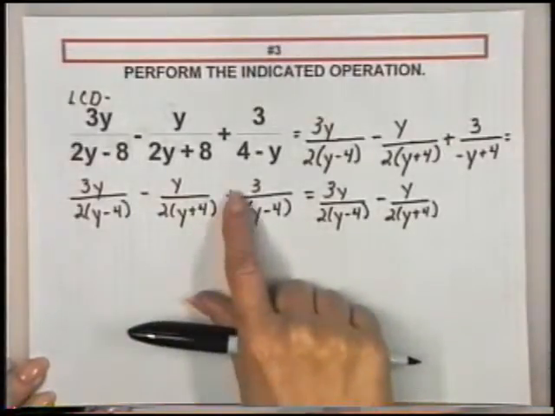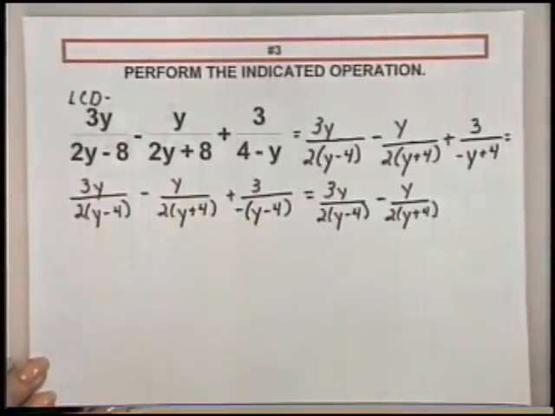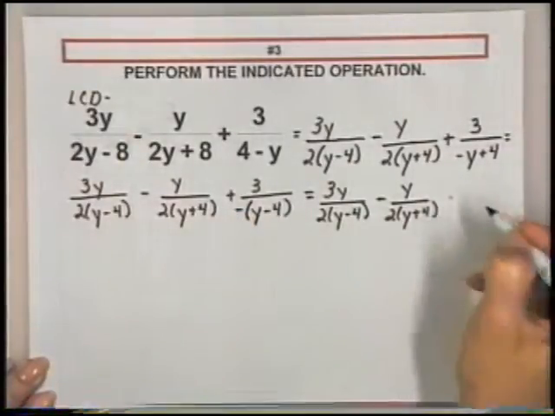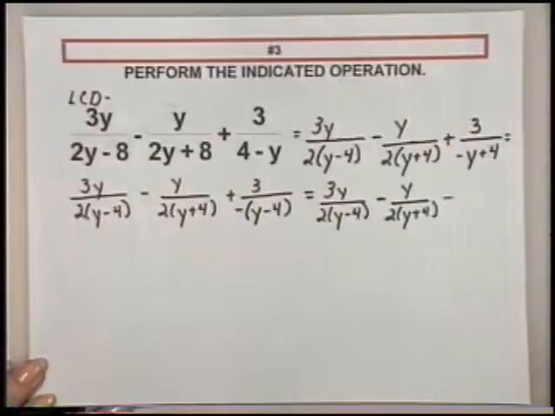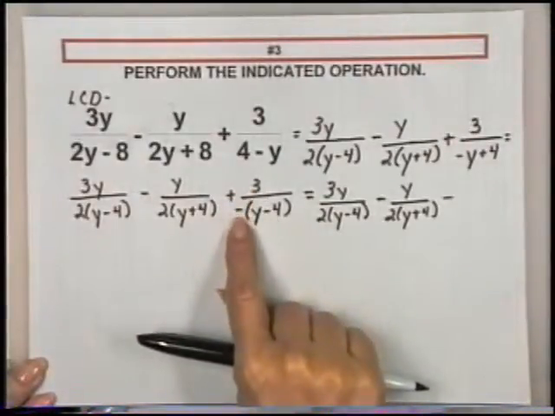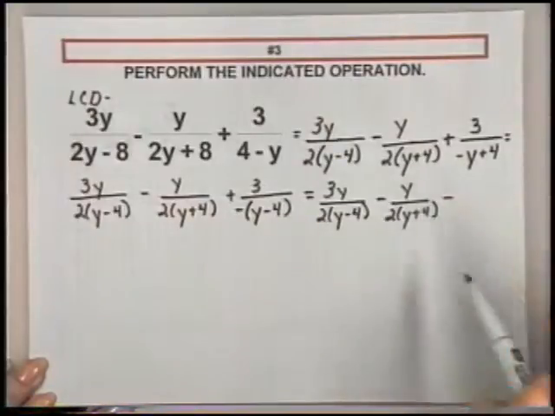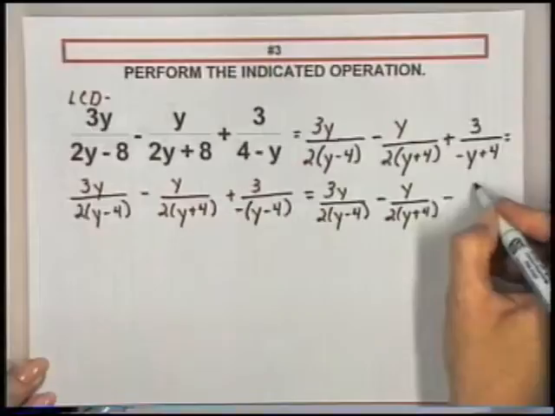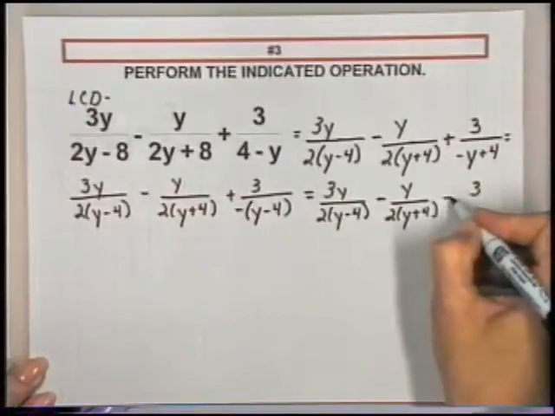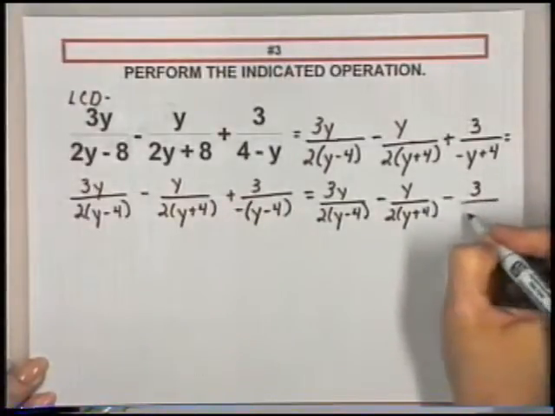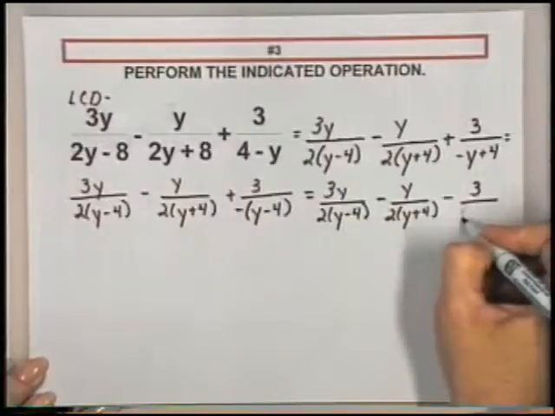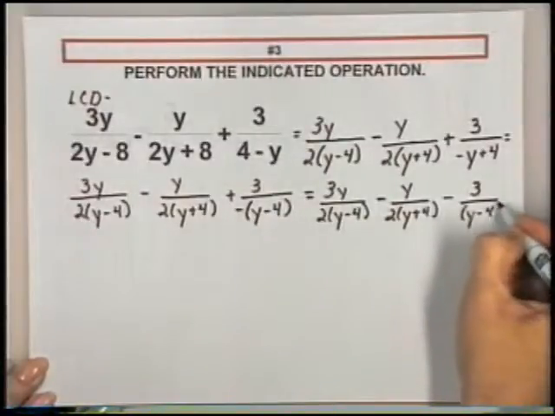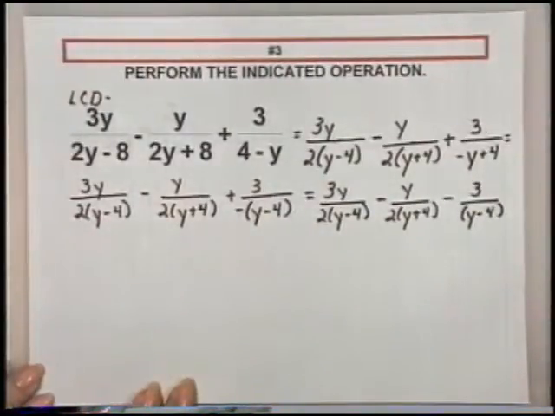Any time that only one of these three signs is negative, that is the equivalent of having a negative out front. Another way to think about it is a positive divided by a negative is a negative. So I may rewrite this fraction as the subtraction sign, then 3 over y minus 4.